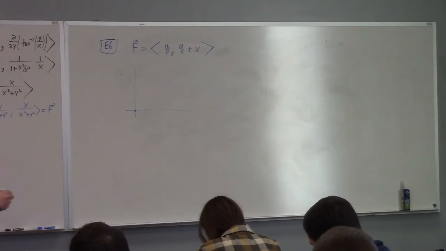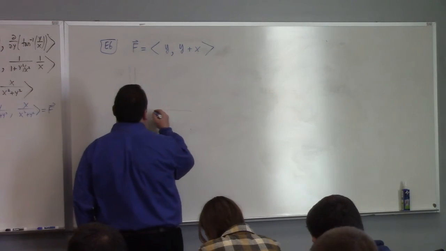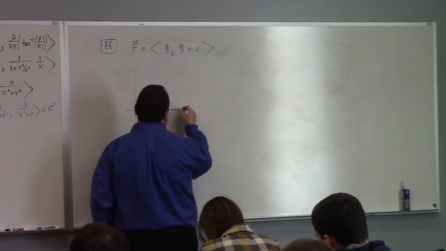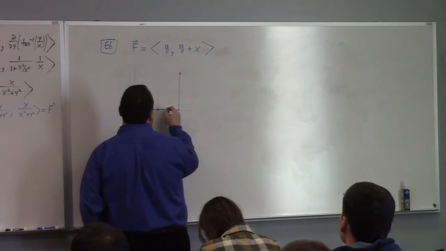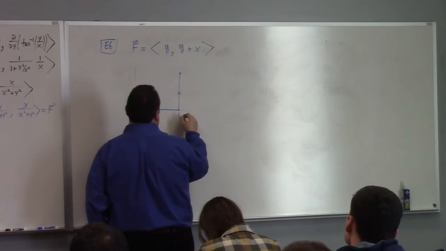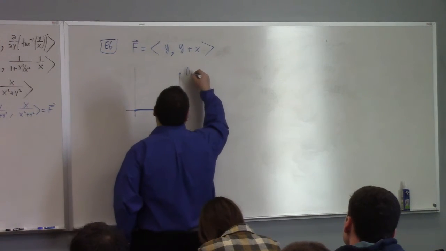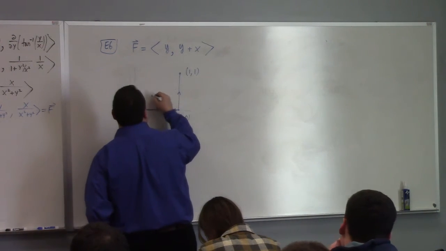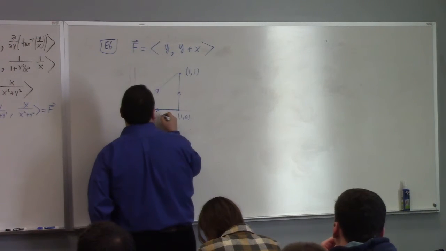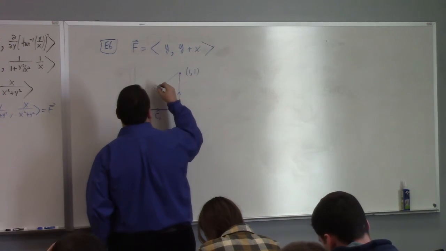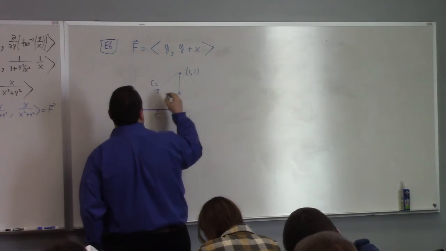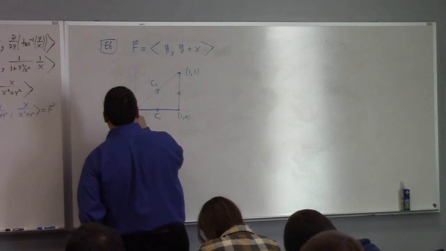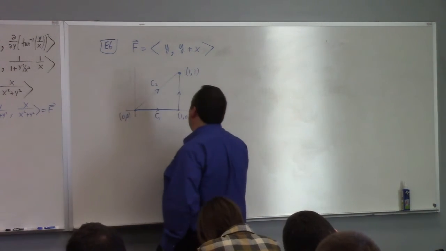I want to go from here to here to here, that curve. Let's say this is (1, 0), and this is (1, 1). I want to contrast it with going directly. This is C1, and this is C2. Both curves begin at the origin, and they go to (1, 1).